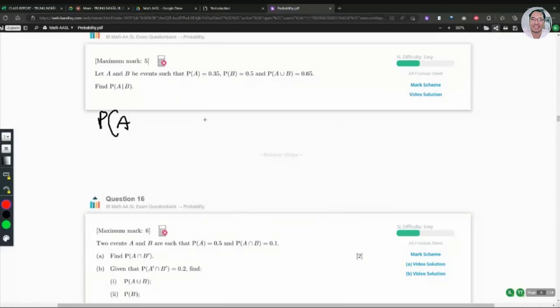P(A given B), a vertical dash. You're writing A or B, the combined events.